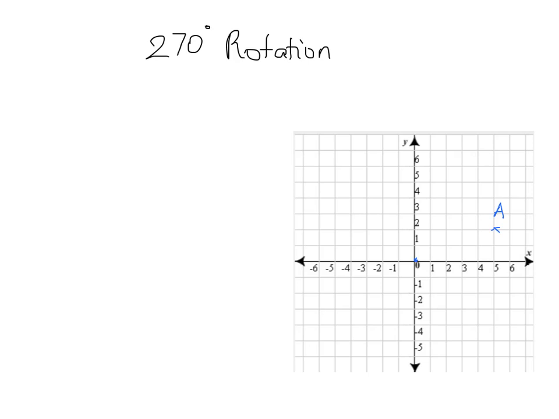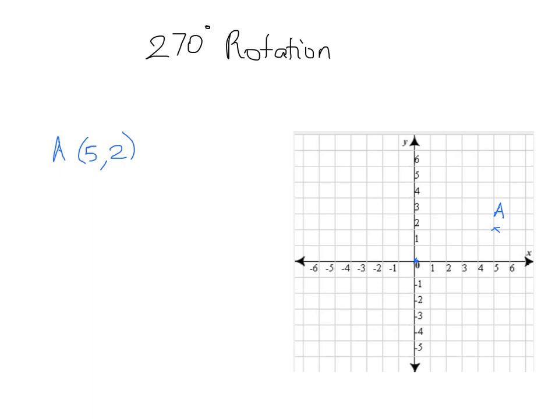All right. Let's look at 270 degree rotation. Okay, so the last rotation that we'll be looking at is 270 degrees counterclockwise around the center of rotation at the origin. So let's first write down the coordinates of A. That's (5, 2). In order to do that, we're going to switch the order like we did for 90 degrees.